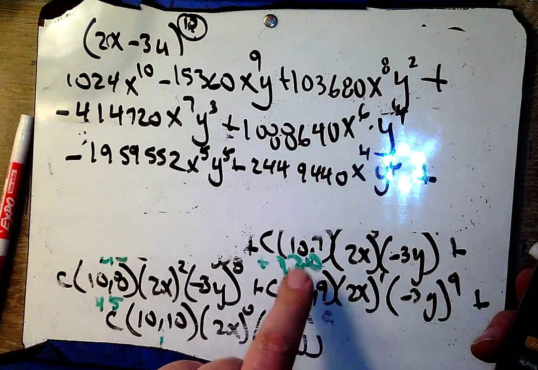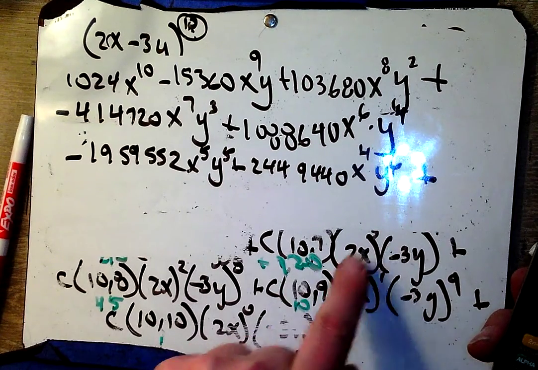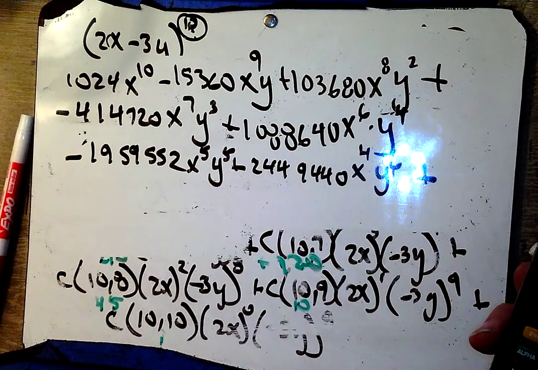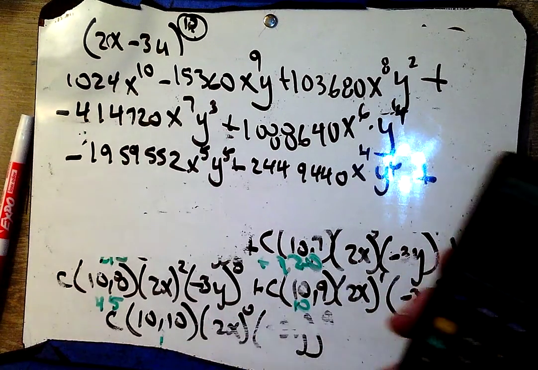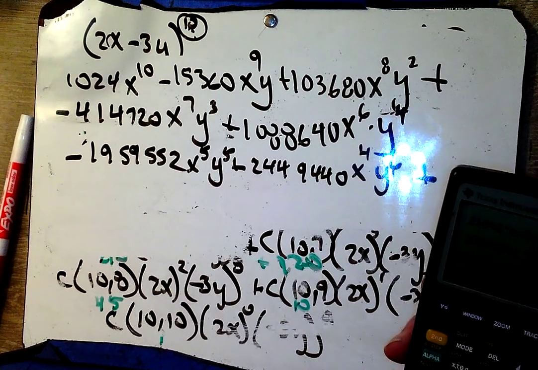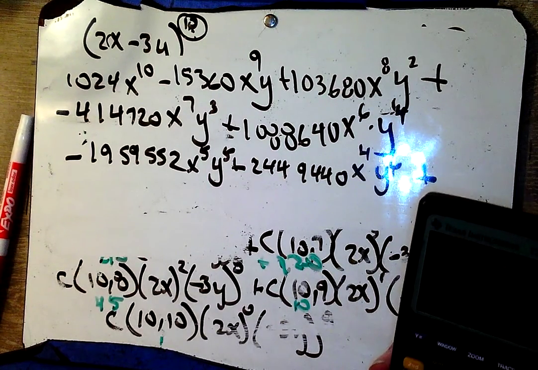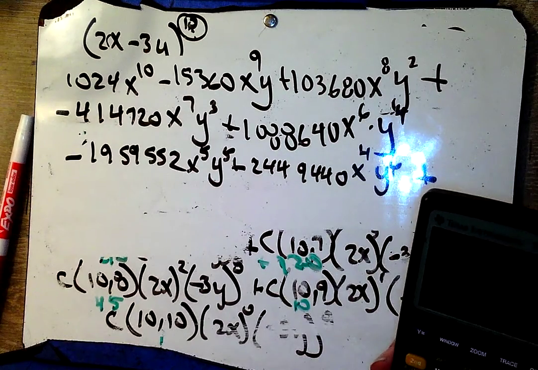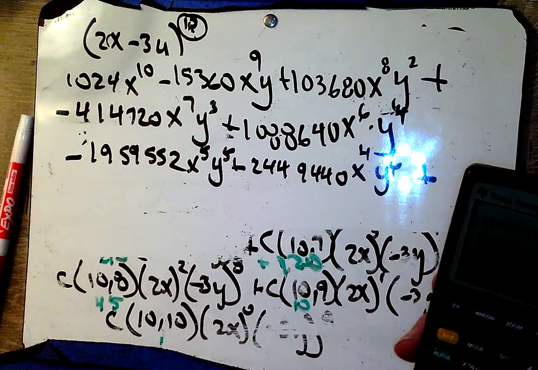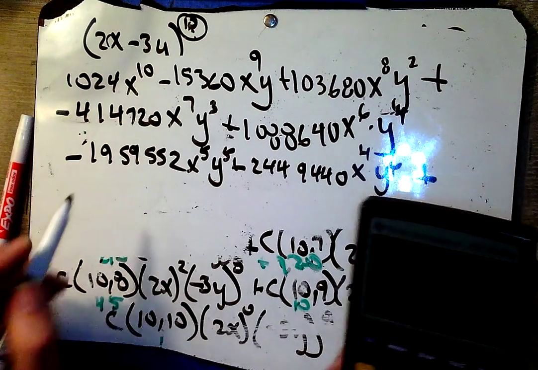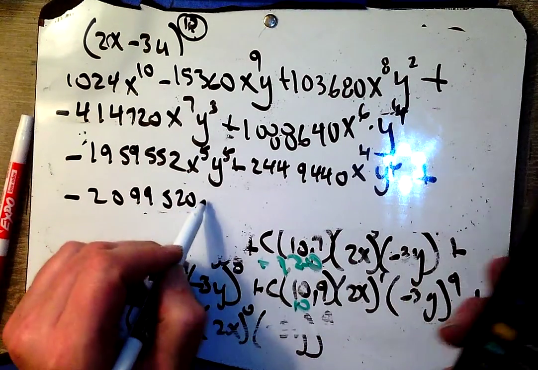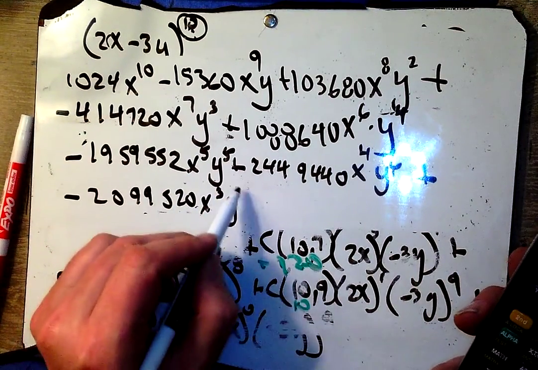Here, we've got our 120 times 2 to the 3rd times negative 3 to the 7th. 2 to the 3rd is 8, and the coefficient was 120. Okay, and that gives me minus 2,099,520 x to the 3rd, y to the 7th.